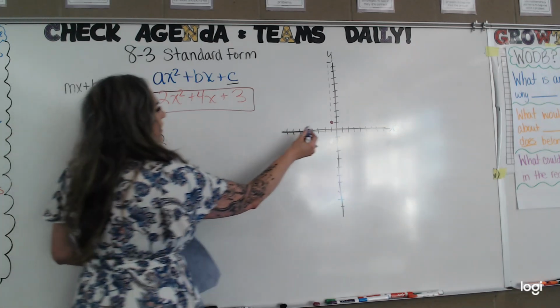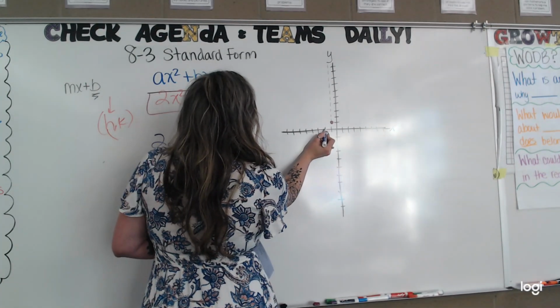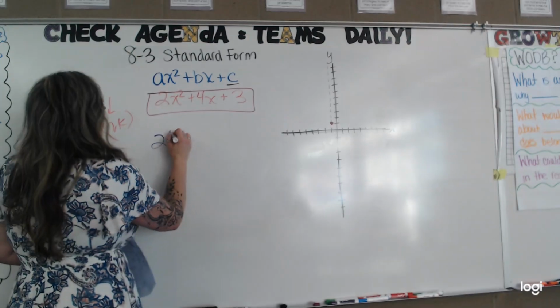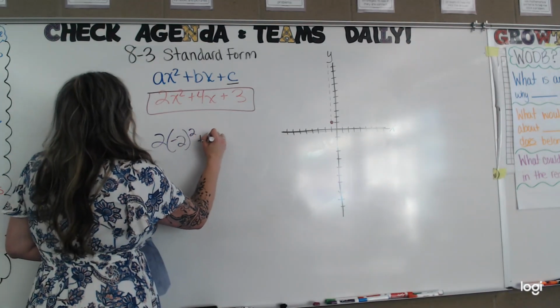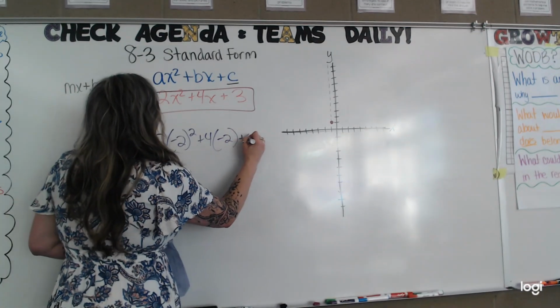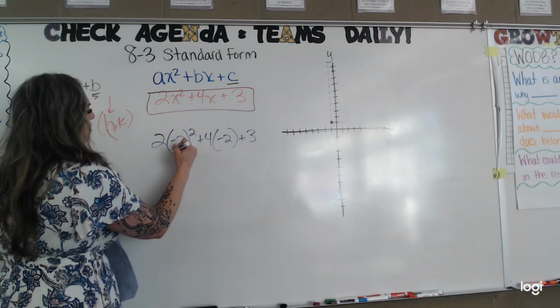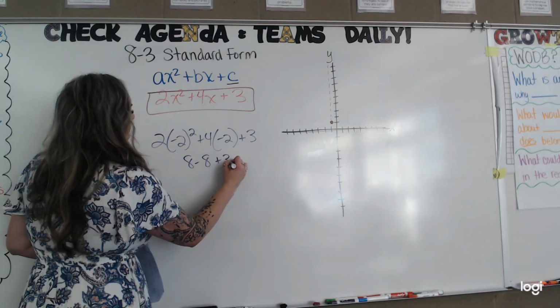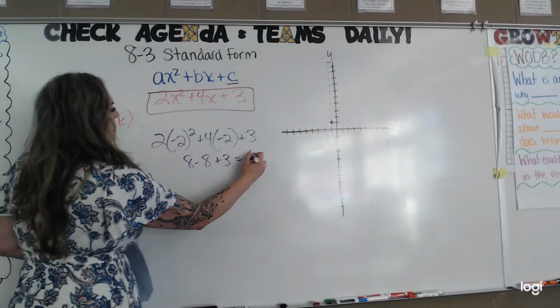I'm looking here. Maybe I want to go 1 to the left. I'm going to try negative 2 for my x value. So 2 times negative 2 squared plus 4 times negative 2 plus 3. 4 times 2 is 8. 4 times negative 2 is negative 8. And this gives me a value of 3.